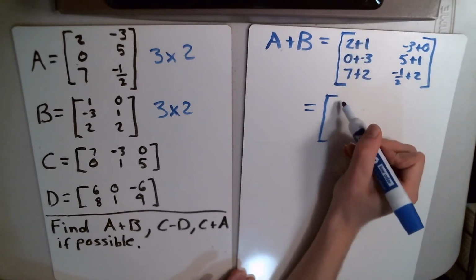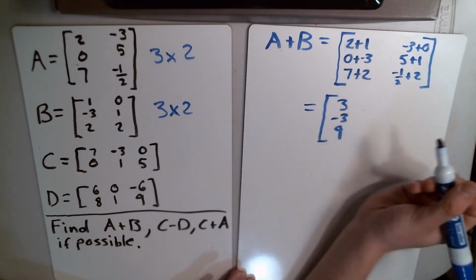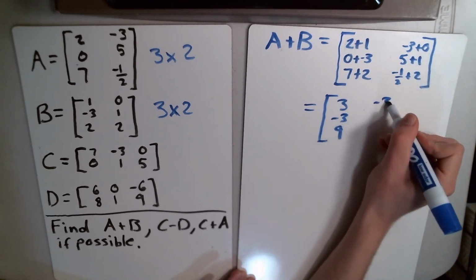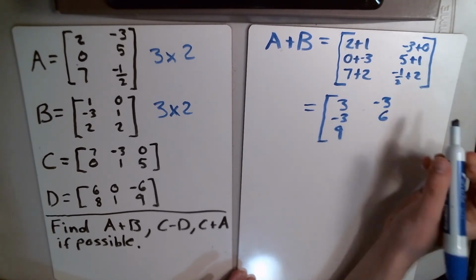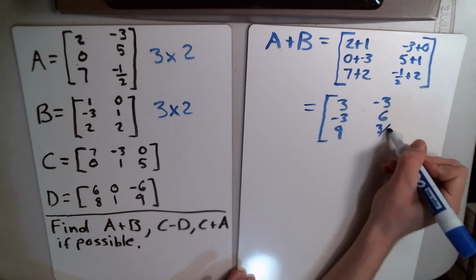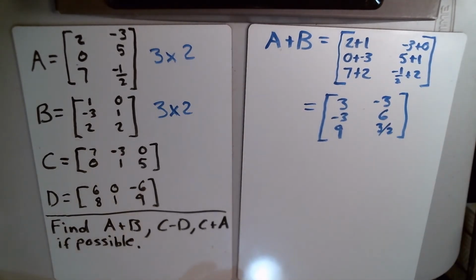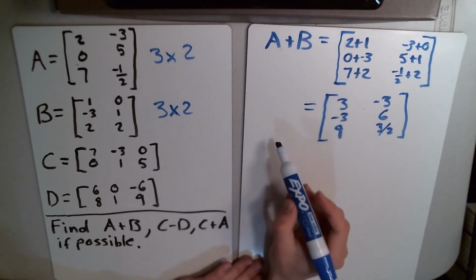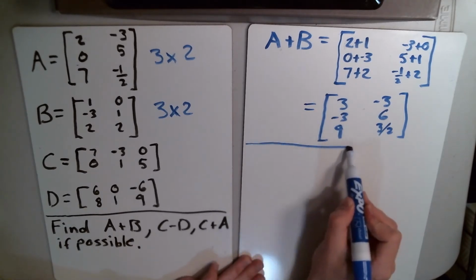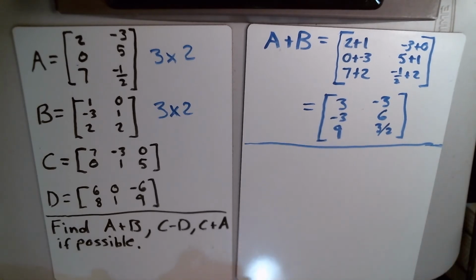When we simplify this, we get 3, negative 3, 9, negative 3, 6, and 3/2. So that would be A plus B. You can see adding matrices really isn't too difficult to do.